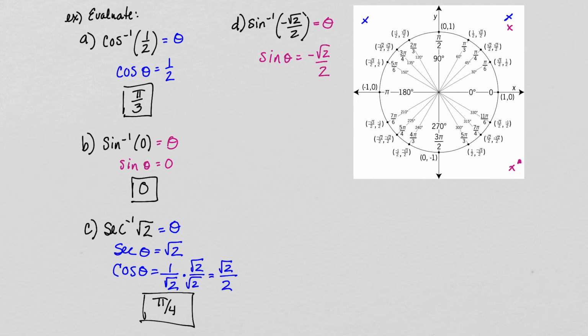So when does that happen? Yeah, and good job. I didn't trip you up. You guys didn't tell me 7 pi over 4. So it does happen down there at 7 pi over 4, but remember we have to write them as a negative. So exactly, the answer here is minus pi over 4.